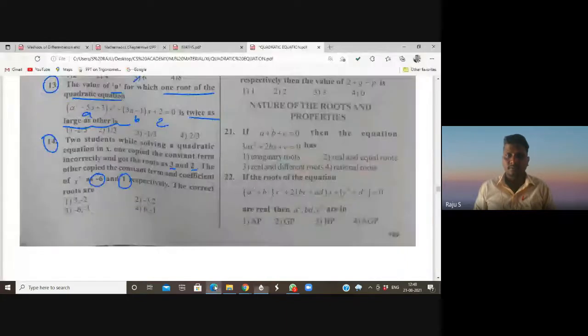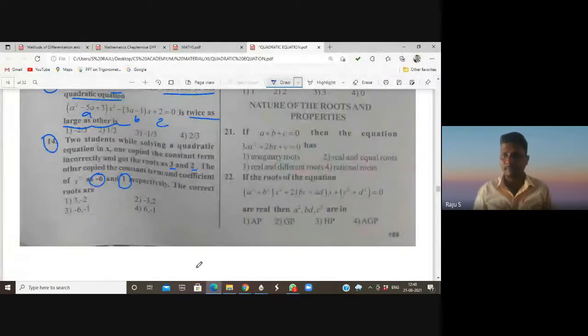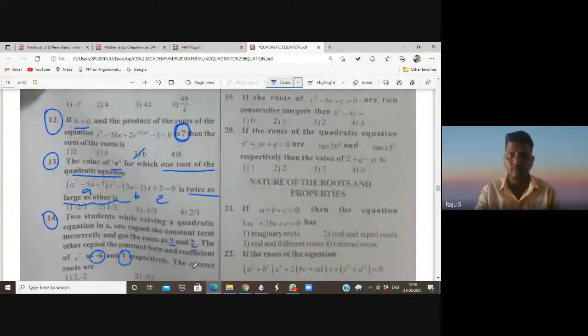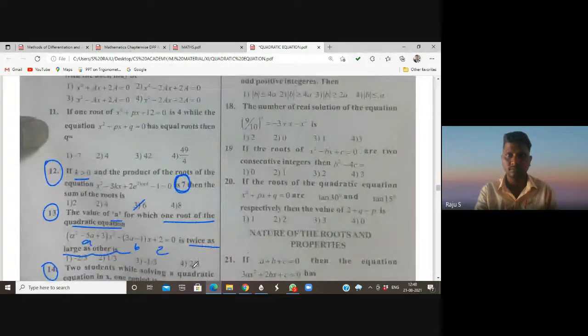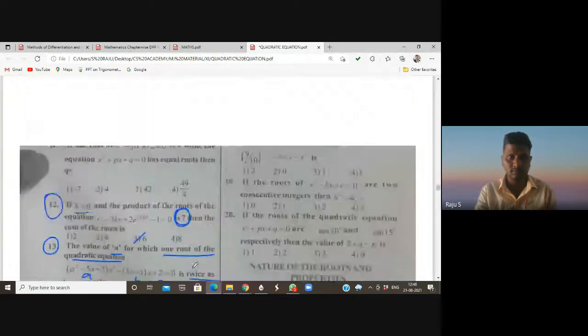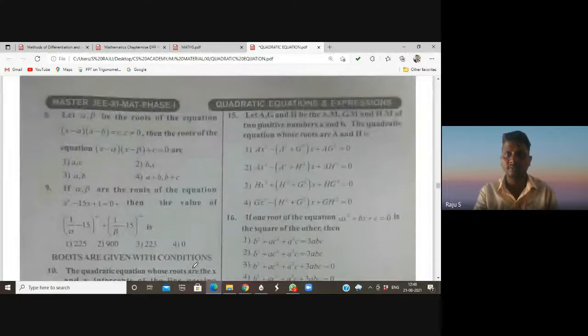The next one, can you try this? AM of A and B is A plus B by 2.